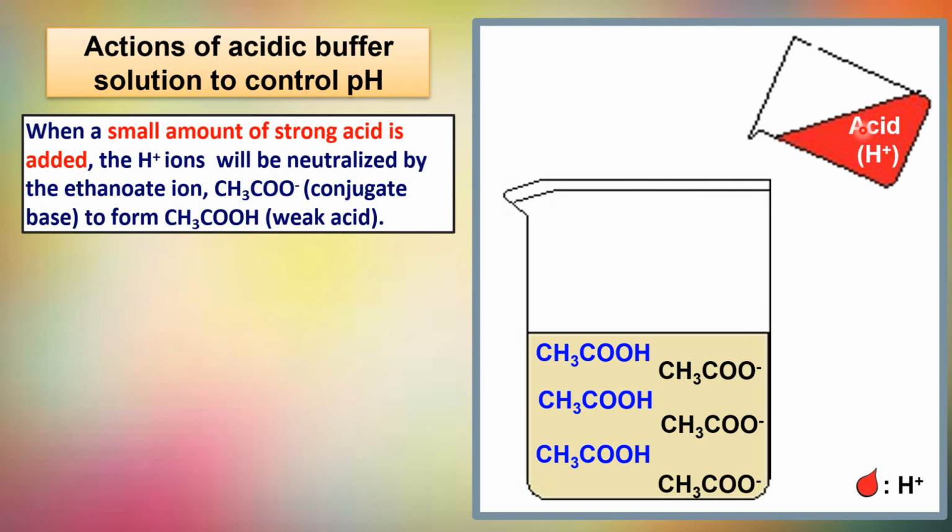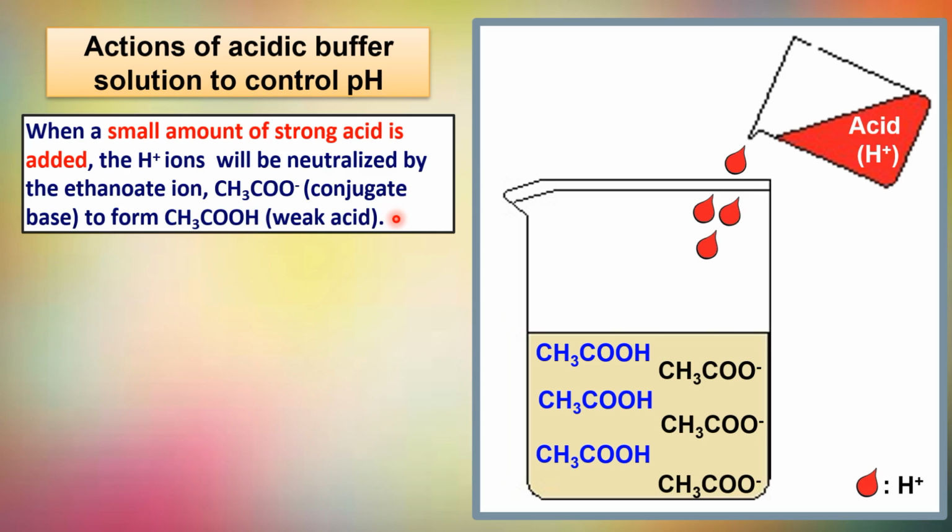Let's say here we have addition of strong acid. When a small amount of strong acid is added, the H plus ion will be neutralized by the ethanoate ion CH3COO minus, which is the conjugate base, to form CH3COOH, the weak acid, ethanoic acid.